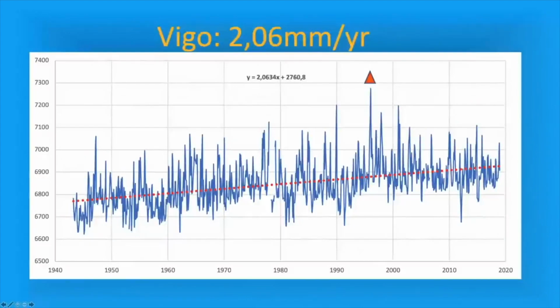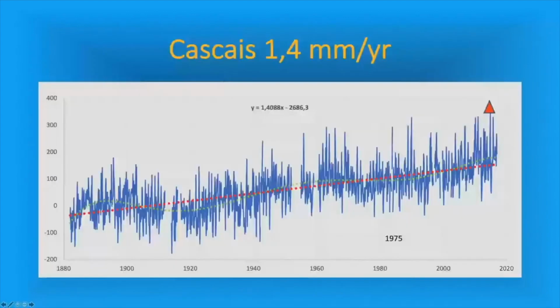So not in the present, can you see? 2020, and not in the present, so there is no acceleration. At Cascais, which is the tide gauge near Lisbon, the trend is about 1.4 millimeters per year, and the highest moment is a bit later, but not 2020.